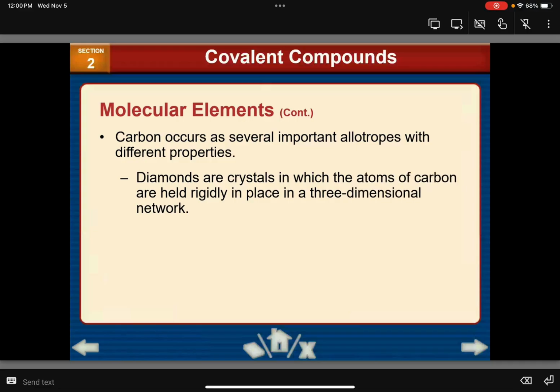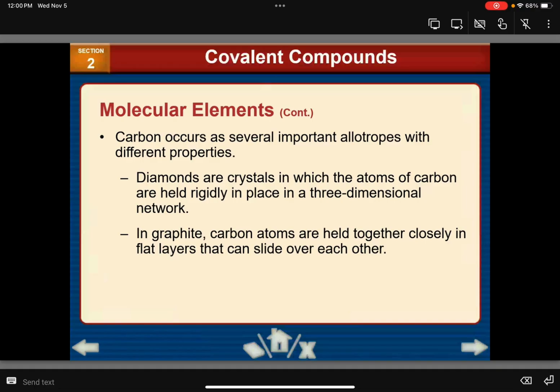Again, carbon has several important allotropes with different properties. Diamonds are crystals in which the atoms of carbon are held rigidly in place in a 3-dimensional network. Very strong bonds because, like I said, they have the same strength regardless of what other carbon atom it is bonded with.